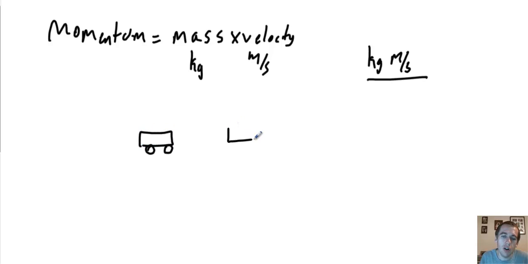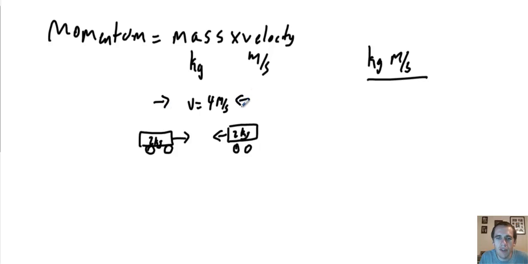If we had two carts, and one cart is moving this way, and the other cart is moving this way, they have equal masses, say 2 kilograms, and they're moving at the same speed, say 4 meters per second, then do they actually have the same velocity? That's what I wrote. It said v equals 4 meters per second. But if this one's moving this way and this one's moving this way, then we have to remember that they don't actually have the same velocity.